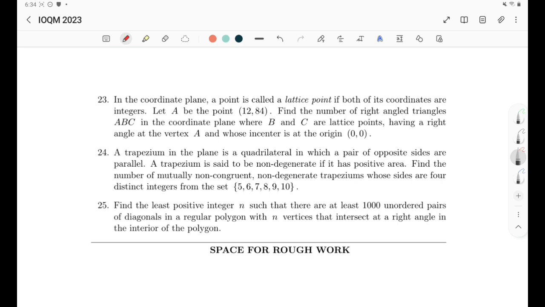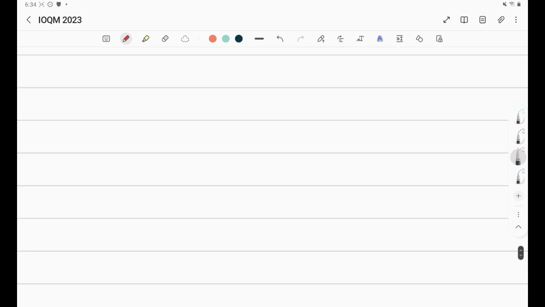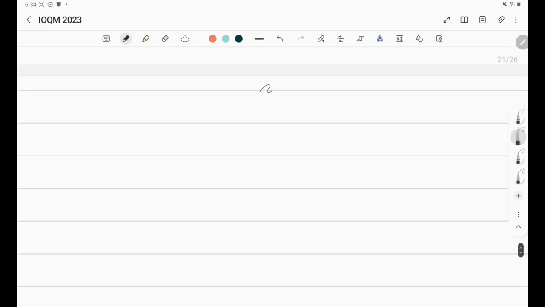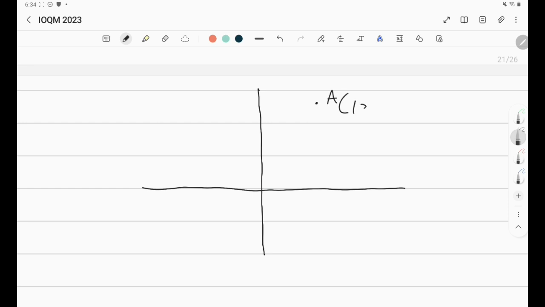Okay, let's think about this. We have space here. Let's draw the coordinates. So point A is somewhere, let's say here. It was (12, 84), and here is I, the incenter.